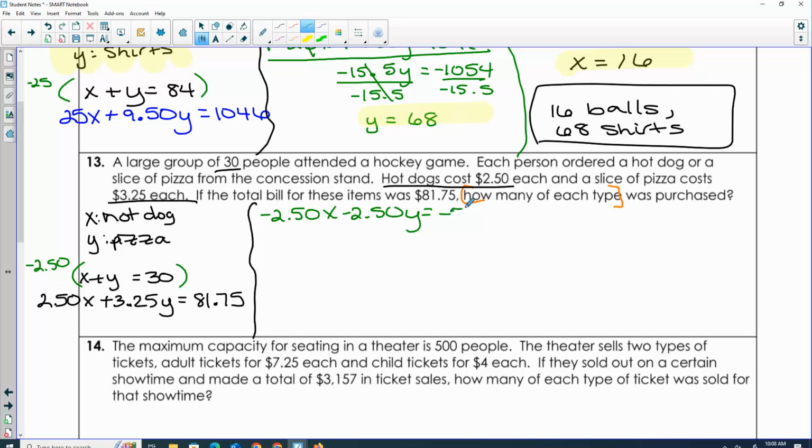Oh wait, I'm doing the y instead. And we did not change the second one. Okay, now we add those together. Negative 2.50 and positive 2.50 cancel. Negative 2.50 plus 3.25 is 0.75y.